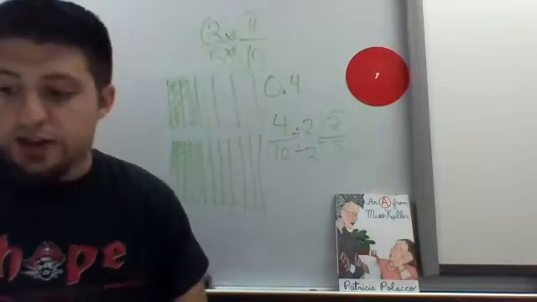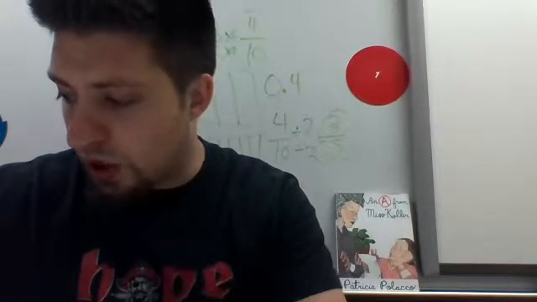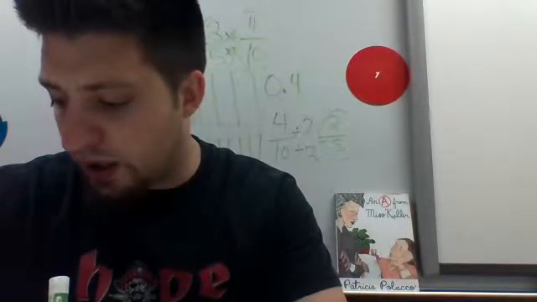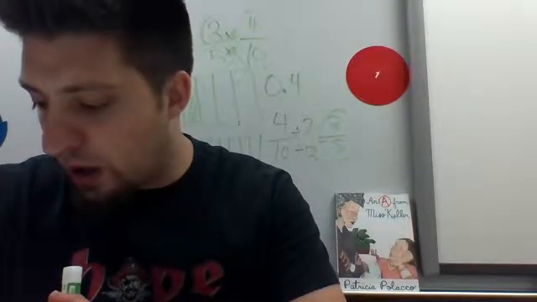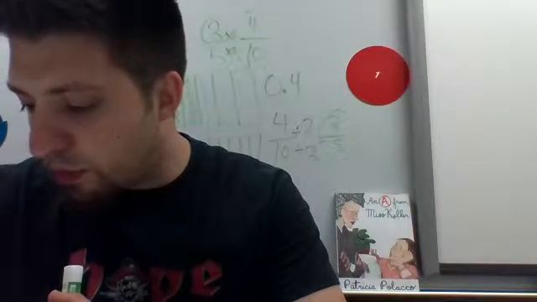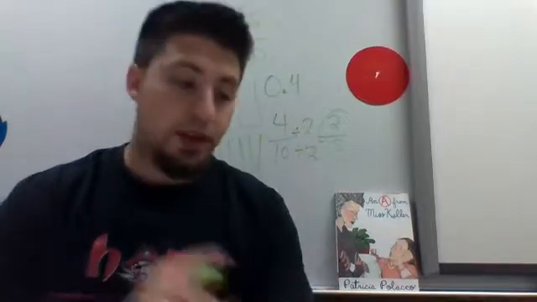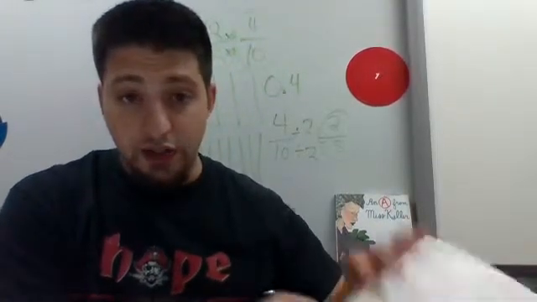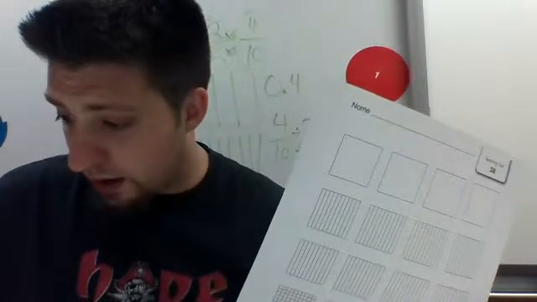Okay? Alright, so now what I want you guys to do is turn to page 146 in your textbook, and do problem number 8. It's very similar. I want a fraction and a decimal. And you can use this if you'd like to, because it's got a shaded box right there on number 8.